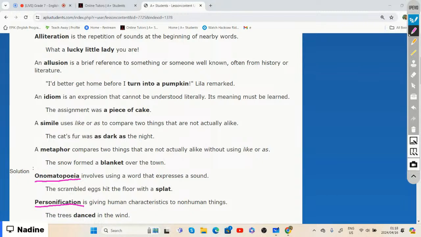But now they're trying to give a human characteristic to this tree by saying that the trees danced in the wind, because the trees are moving in the wind.